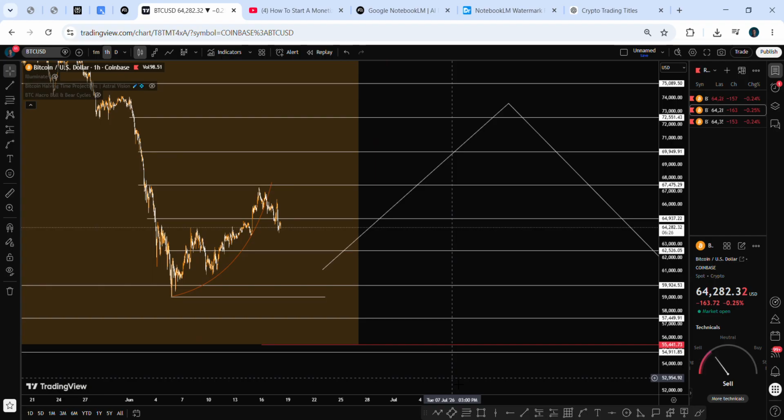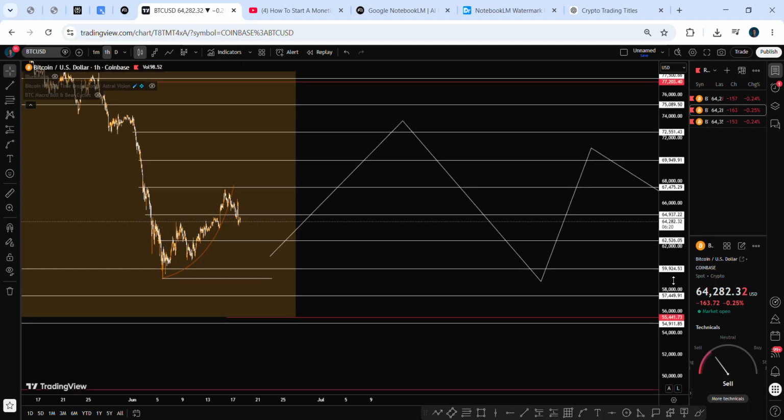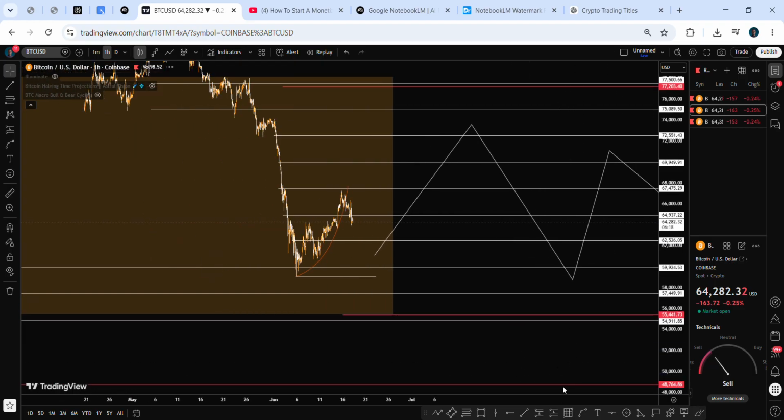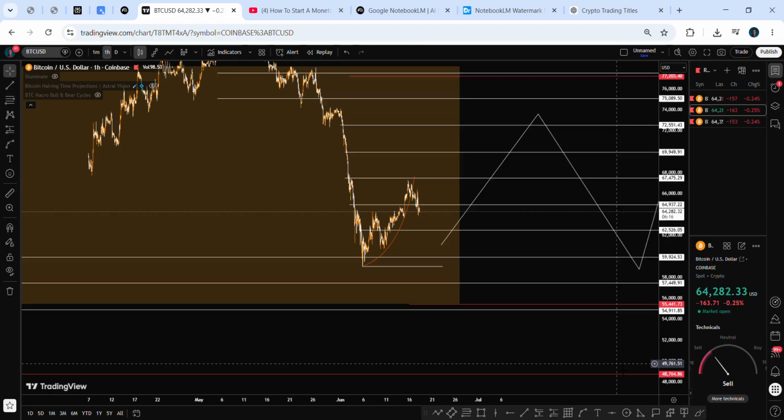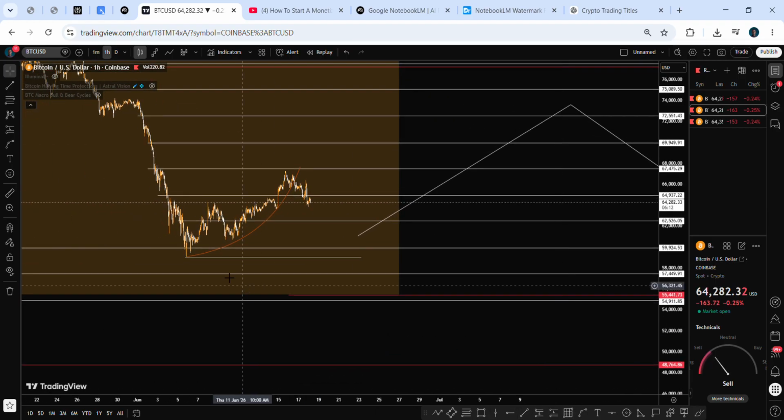Today is 18th of June. So we have gotten the exhaustion. I've been able to spot the exhaustion around this way, because we are actually pulling back here. Then after the exhaustion, we now have a breakout.